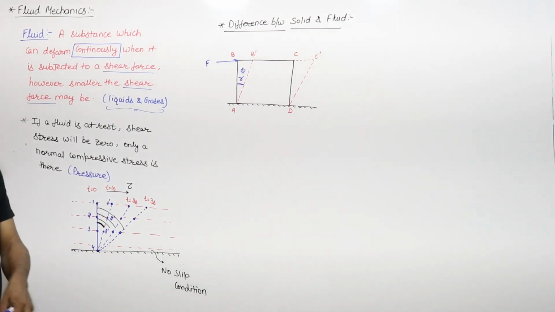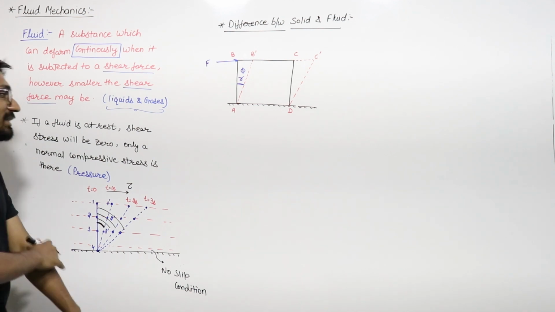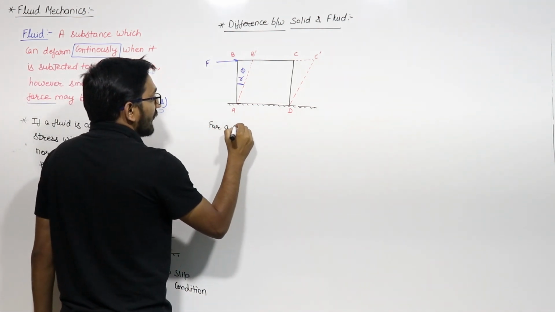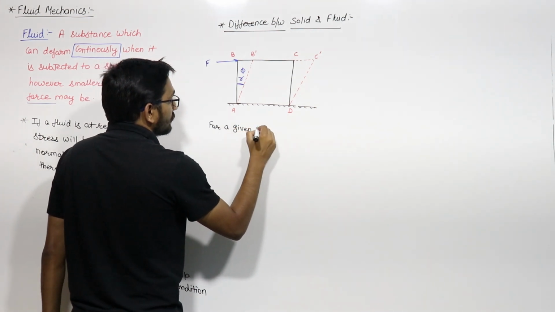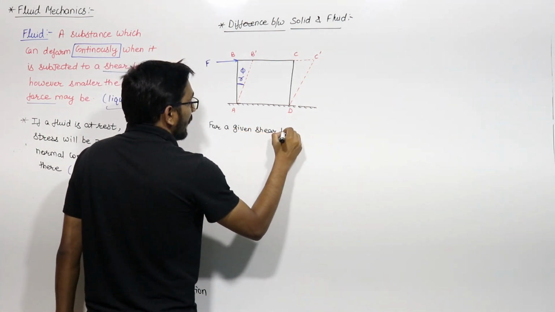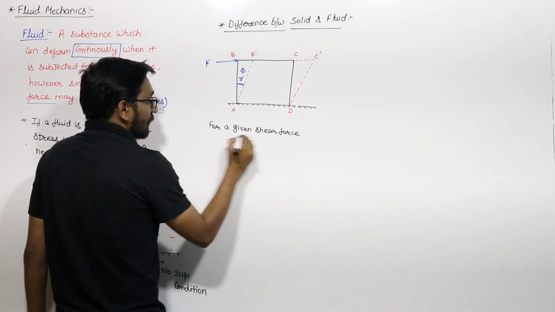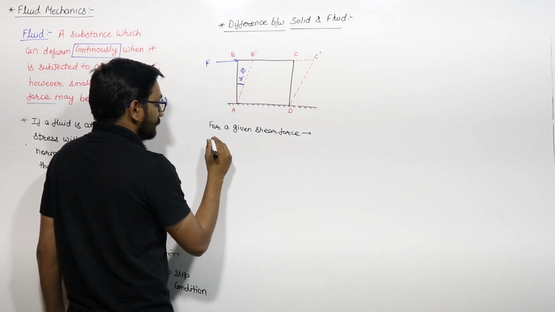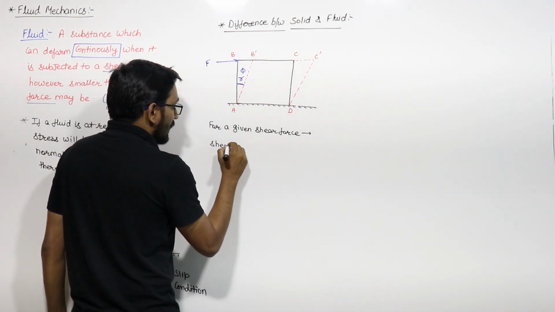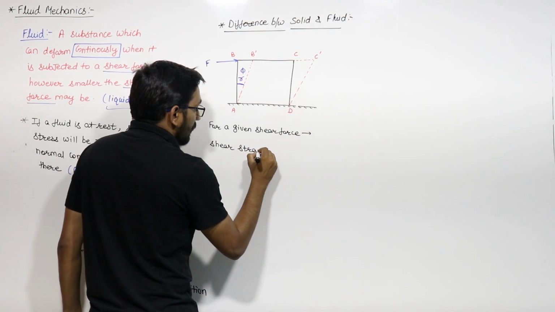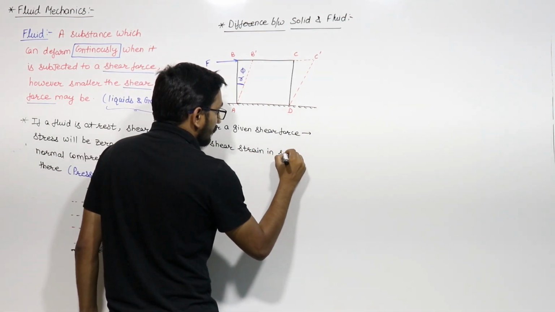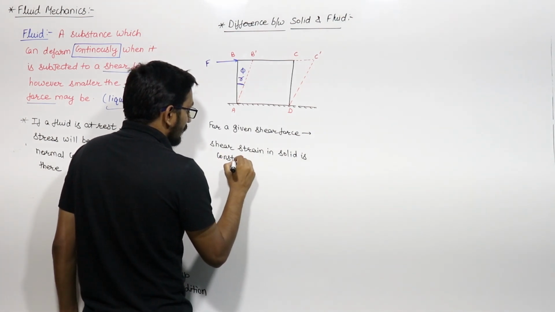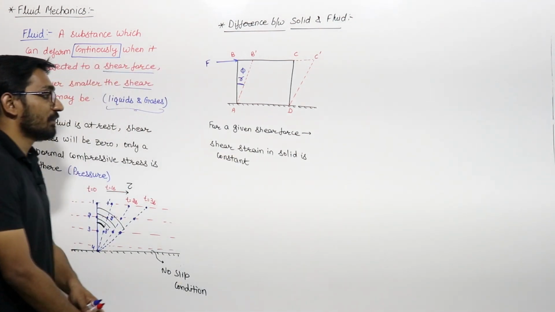From the basic definition of strength of material, for a given shear force, the shear strain in solid is constant.